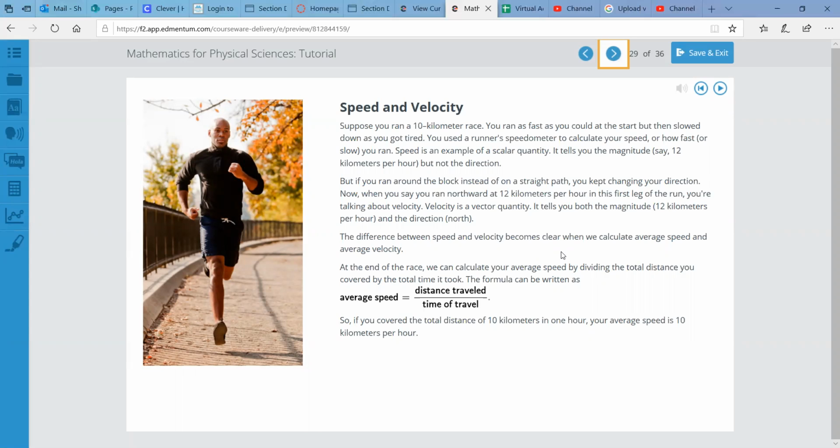Average speed versus average velocity. Average speed is just dividing the total distance traveled by the total time of travel. So if you covered 10 kilometers in 1 hour, your average speed is 10 kilometers per hour.